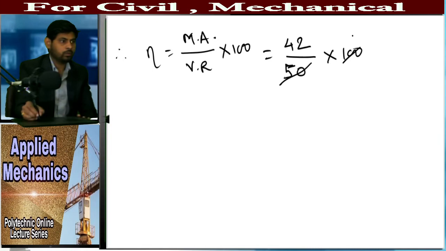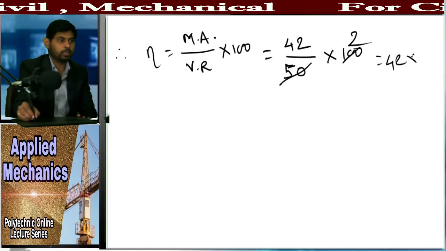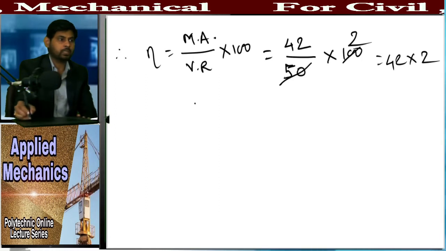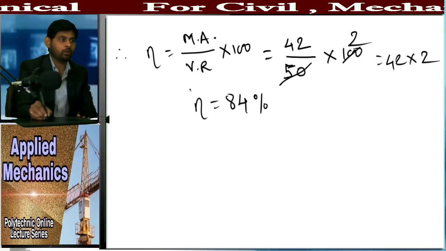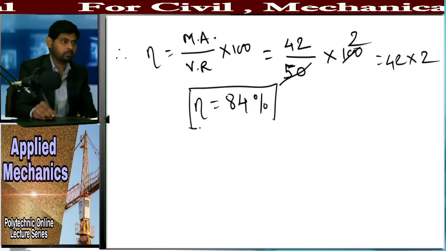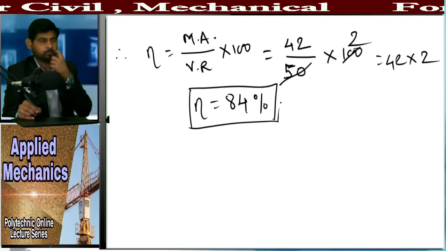So here 50 into 2 is 100. So 42 multiplied by 2 is 84. Then efficiency is nothing but 84 percent, right? So this is your efficiency.